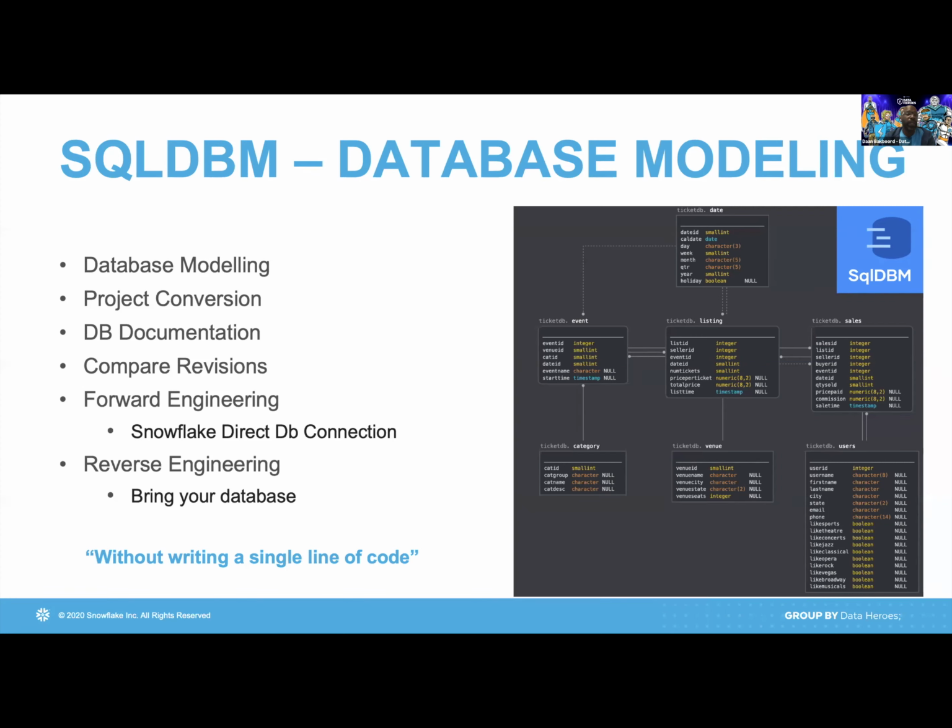With forward engineering, with a direct Snowflake DB connection, you are able to create your objects in the database, and you can also do it the other way around. So reverse engineering, bring your database into SQL DBM, and all of this without writing a single line of code.